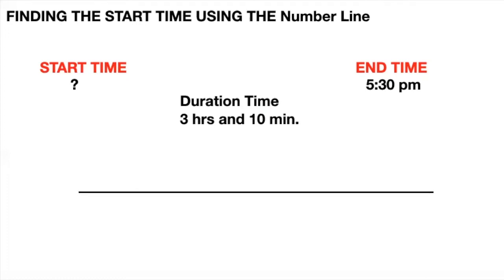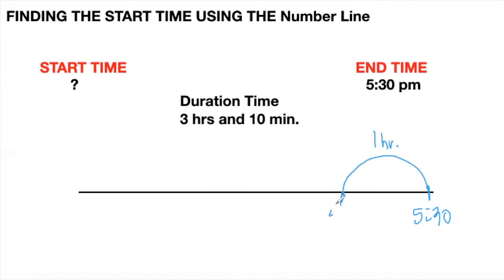Using the number line, we will have the end time at 5:30 p.m. And then as we mentioned, we will be moving backwards because we want to find the start time. So we can do it again by hour, 1 hour by 1 hour.